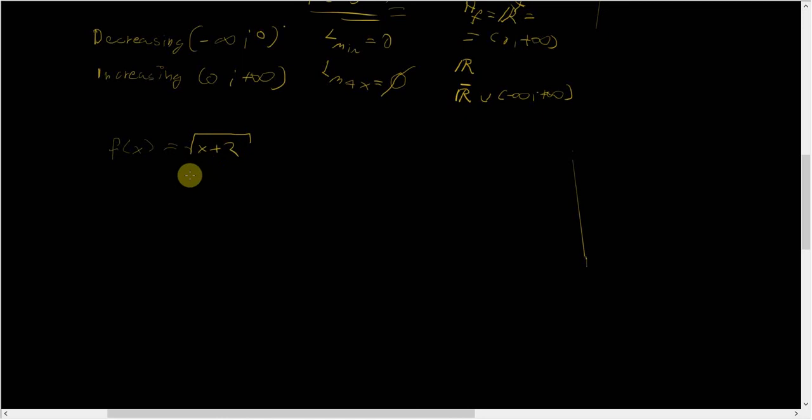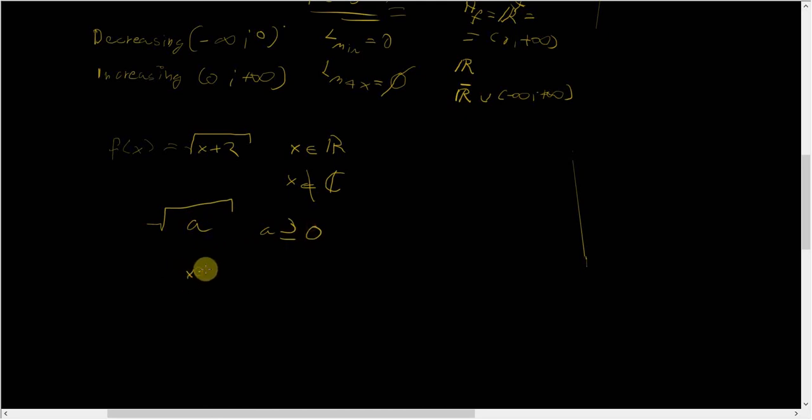Now, before you do anything, we know that if x belongs to the real numbers and not the complex numbers, then our square root cannot be smaller than 0. That's something we have to bear in mind. So whatever we have underneath here, it has to be greater or equal to 0.